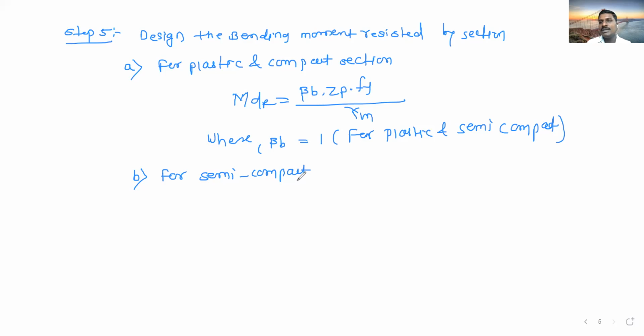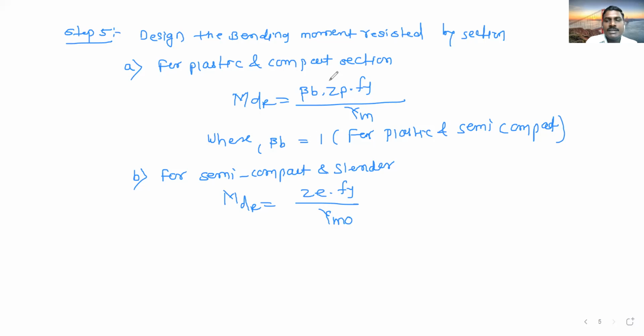There is no change in the section, it does not go into the plastic zone. So this is for semi-compact, or we can use it for the slender also. There is no problem. So MDR is equal to Ze into Fy divided by gamma m0.